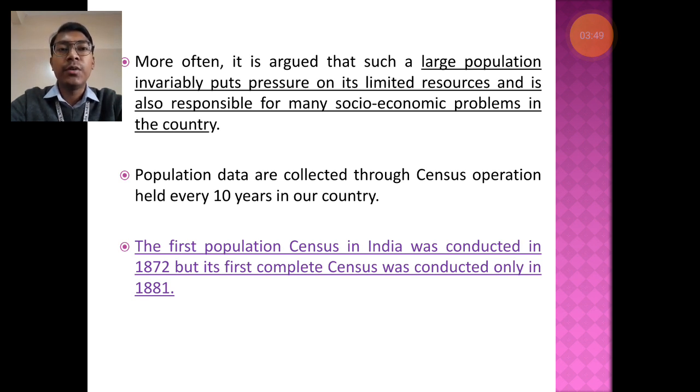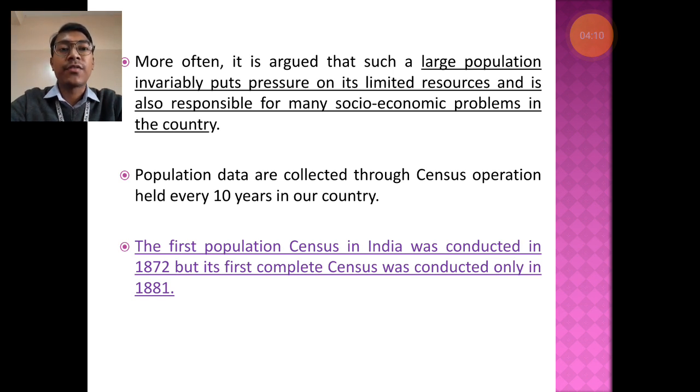In our country, the first census was conducted in the year 1872, but it was not a complete census actually. It was started, but the census could not be completed because of certain reasons. Again, in the year 1881, another census was conducted, and it was the first complete census in our country.